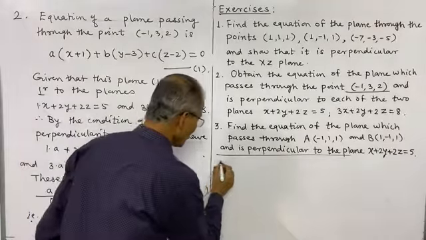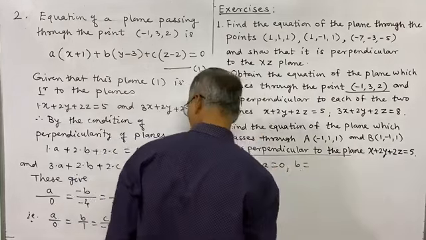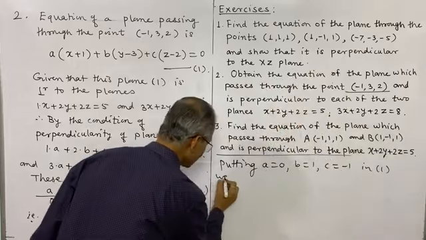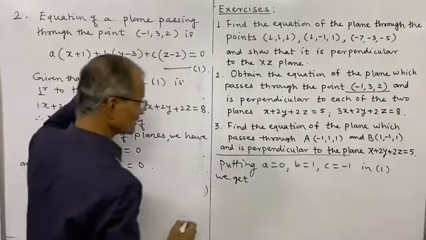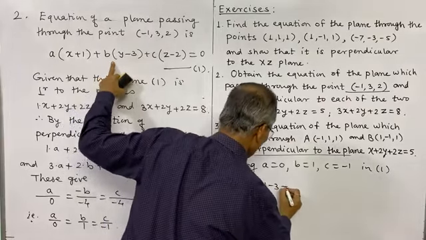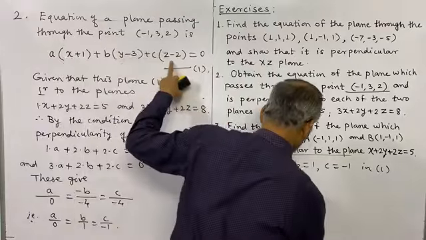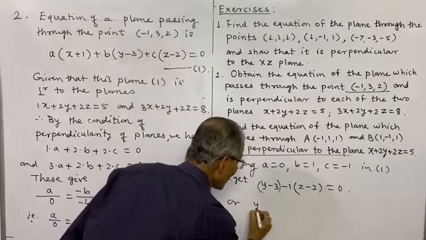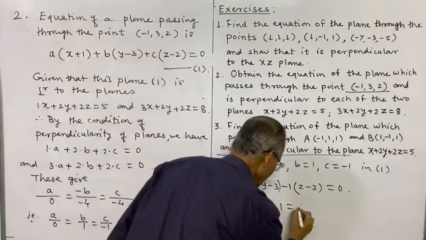So substituting A is 0, B is 1, and C is minus 1 in 1, we get: A is 0 means this part is 0, and B is 1, that is y minus 3, and C is minus 1, and that is z minus 2 is equal to 0, or y minus z, and this is minus 3 plus 2 minus 1 is equal to 0.